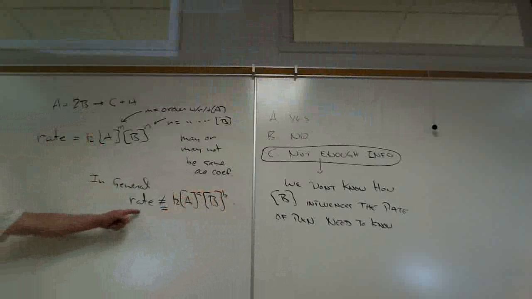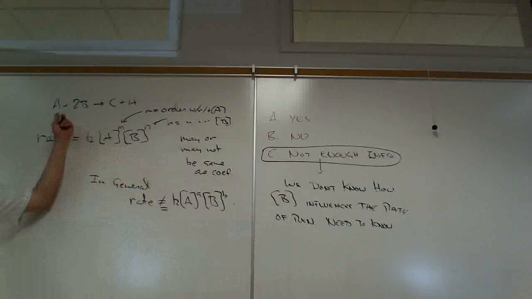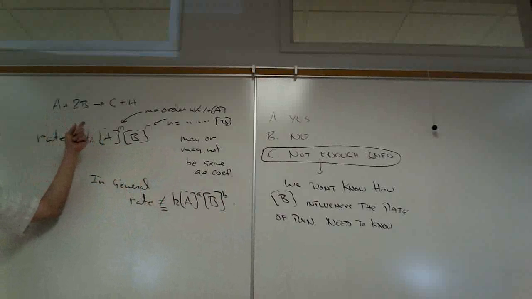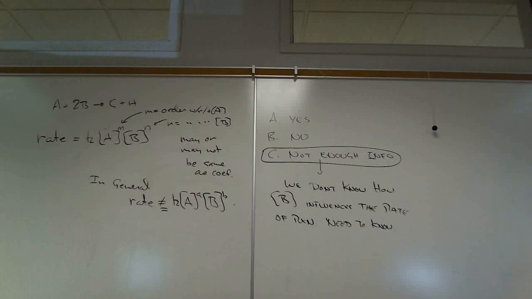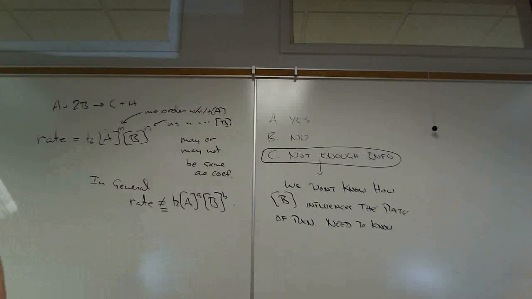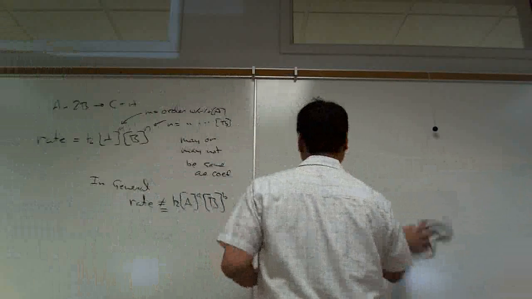Now sometimes it's equal to that, sometimes it's not equal to that. And so the coefficients might impact it, might not appear to impact it here. And so how do we figure out what's happening here? Let's take a look at some examples of what different scenarios might be.